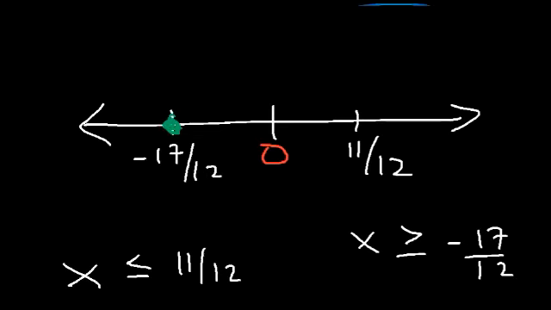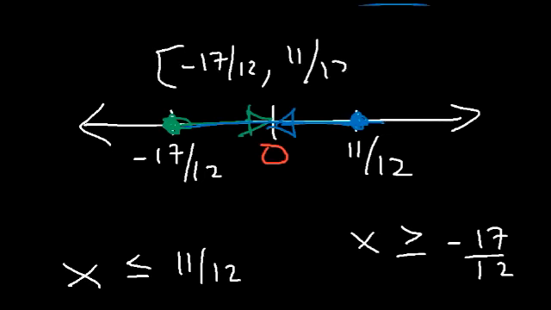So we have a closed circle, and we need to shade to the right side. X is also less than or equal to 11 over 12. So we got to shade to the left since it's less than or equal to this number. So we have everything in the middle. Therefore, the answer is between negative 17 over 12 to 11 over 12 using brackets.